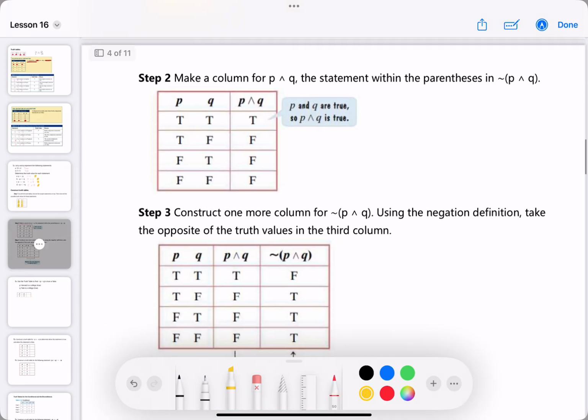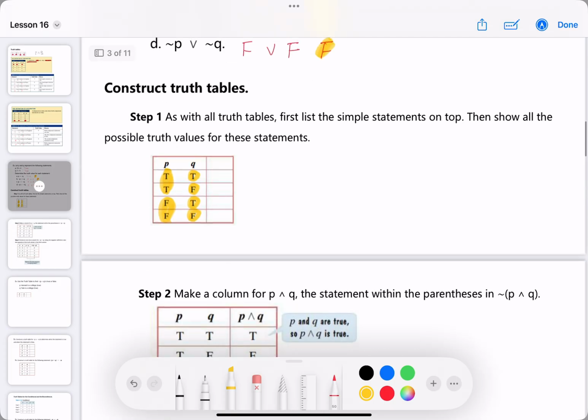Second step, make a column for P and Q. Oh, this one, I forgot to put a question here. Let me see, where is the question? Oh, here. So the question is, find the truth table for the statement not (P and Q).